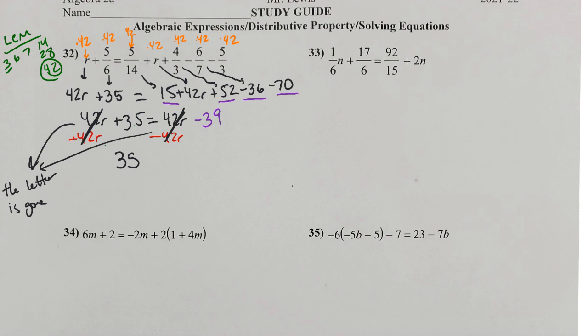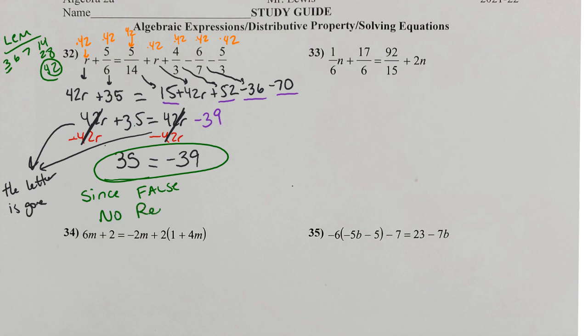Right? So I get 35 equals negative 39. That's not true. So this is when we say true or false. This is when the letter disappears. So if the letter disappears, I say since it's false, 35 is not equal to negative 39. It's going to be no real solution.